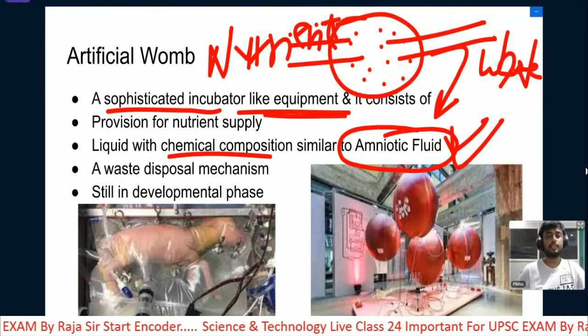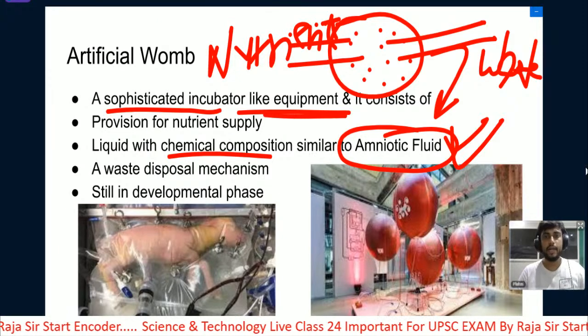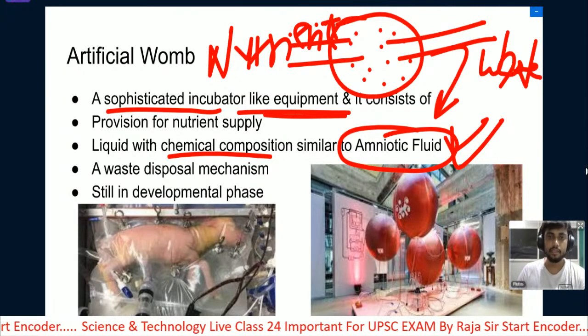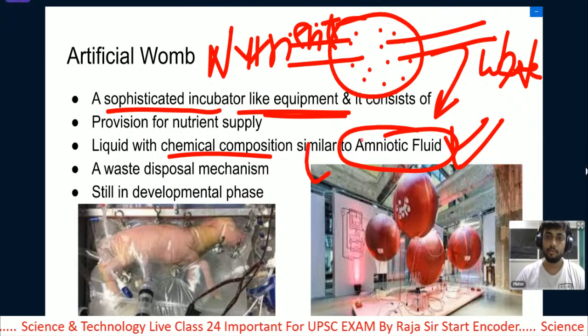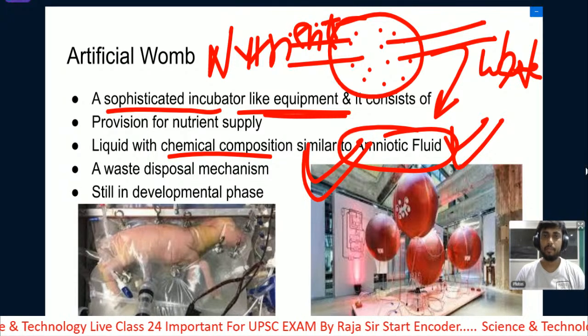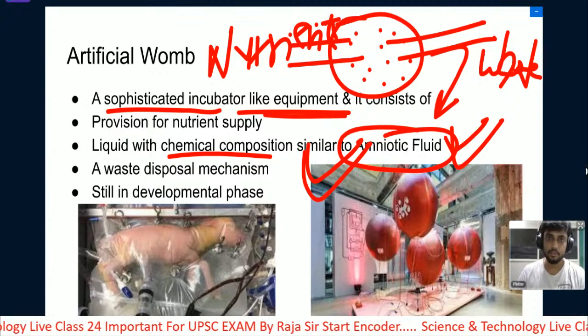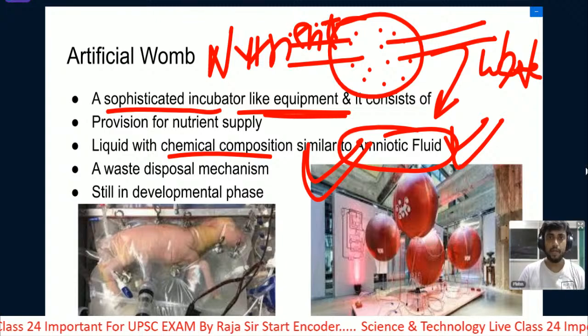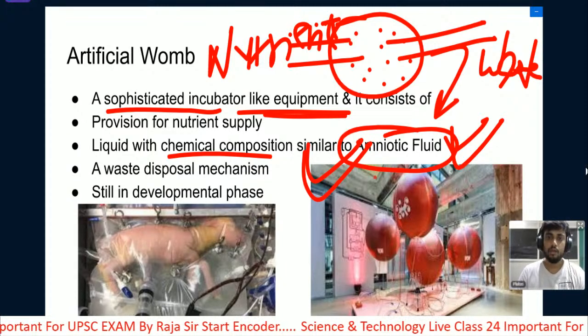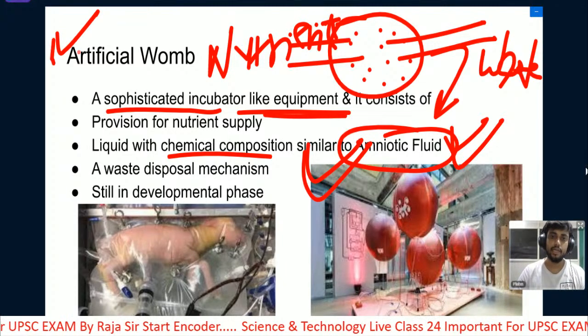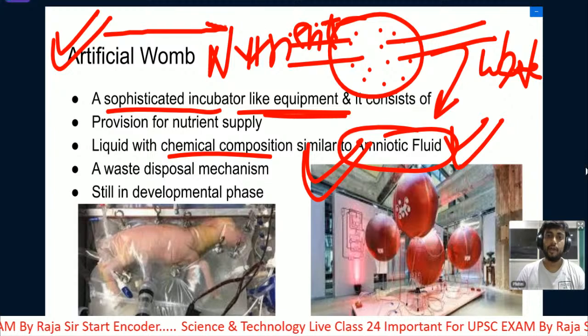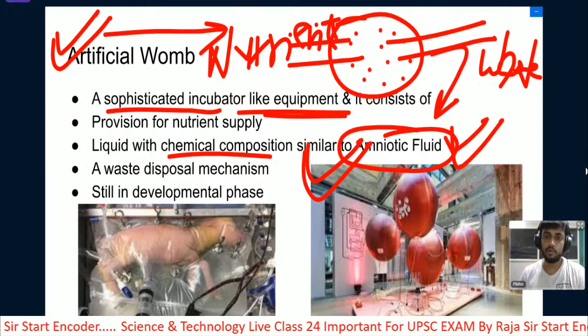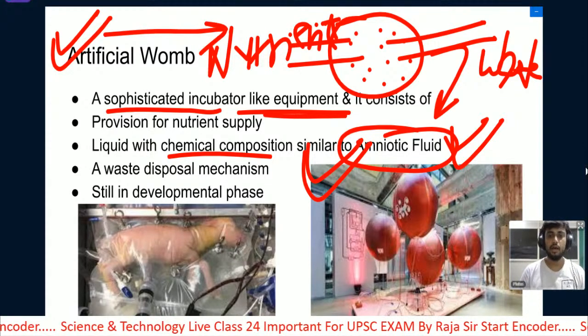So we are supplying the nutrients and we are providing the precise environment that is inside the womb by creating this amniotic fluid, and we are making a mechanism to remove the waste generated inside a living body. So this artificial womb, basically we are trying to mimic the natural womb by creating an artificial womb.